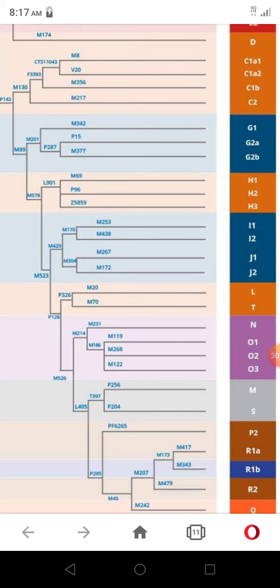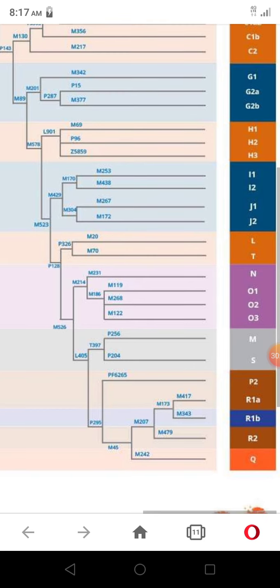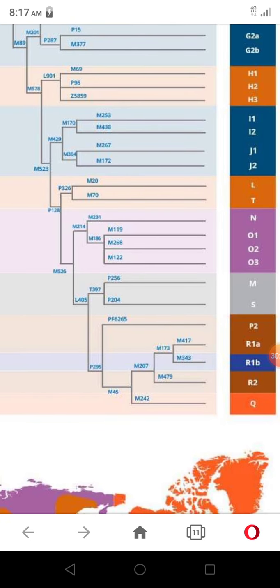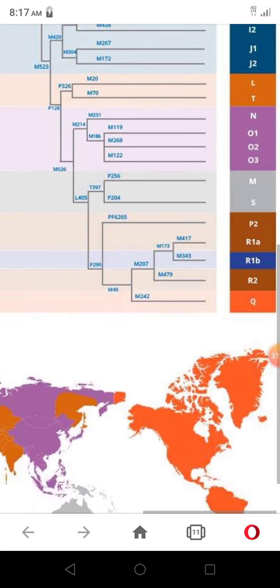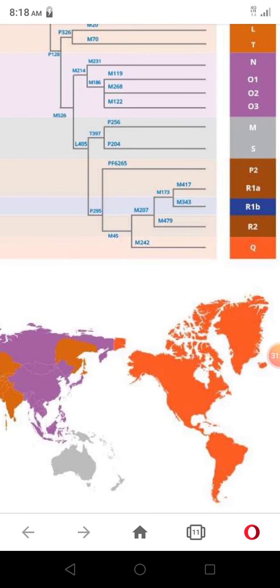Let's see, what else? R1A, R1B, R1 or 2 and Q. All these are interesting groups of people.